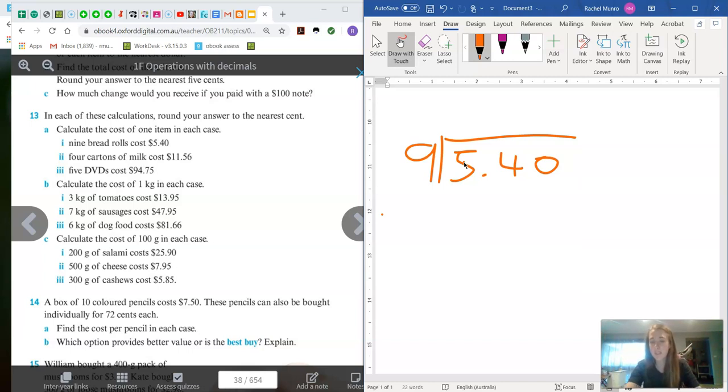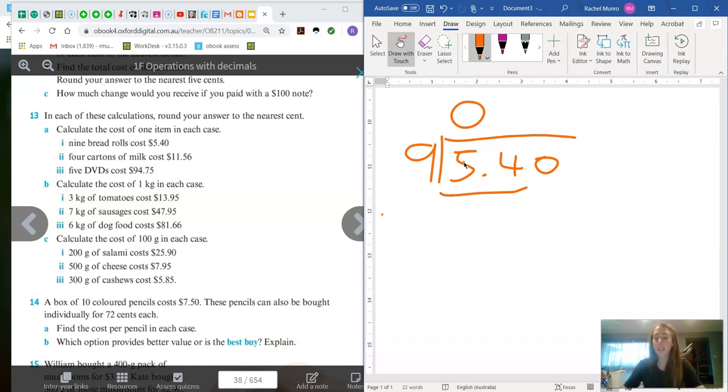Okay, so division. I want to know how many times does 9 go into 5? It doesn't. I've got 5. I can't easily, in a whole number, fit 9 in there. So 0. I then make my number 54.